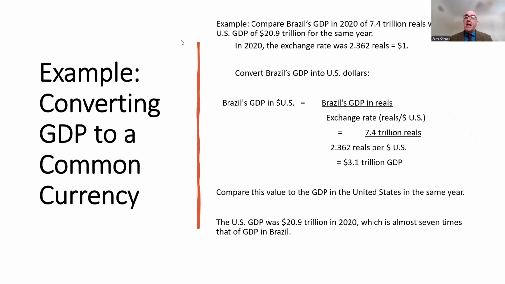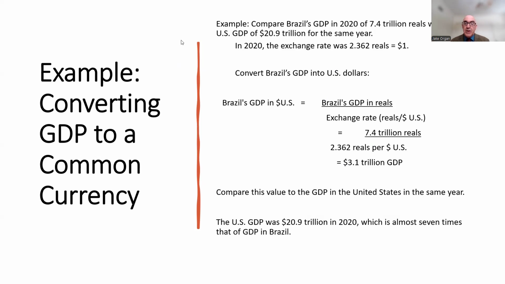So let's imagine that we wanted to compare GDP in 2020. Brazil's GDP was 7.4 trillion reals, Brazilian reals, and the US GDP was $20.9 trillion. In 2020, the exchange rate was 2.362 reals to the dollar.